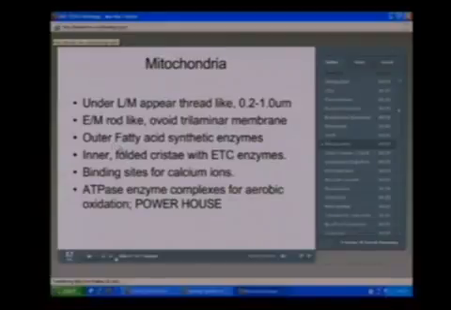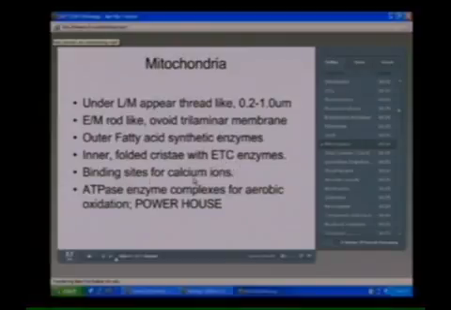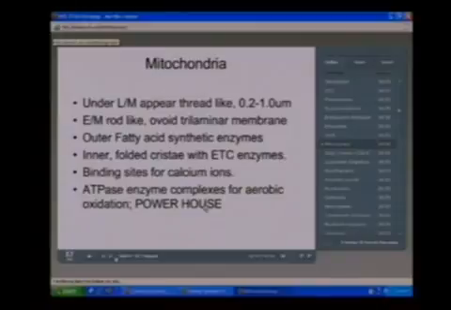The outer membrane has fatty acid synthetic enzymes. The inner is folded cristae with ETC enzymes, the electron transport enzymes, and there are binding sites for calcium ions and ATPase enzyme complex for aerobic oxidation. They are the powerhouse of the cell. The energy currency ATP is produced by the mitochondria, right?